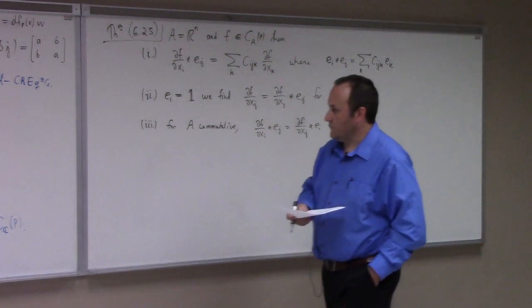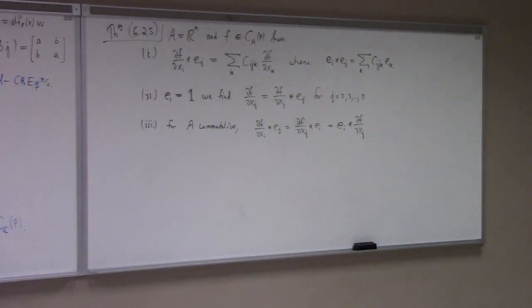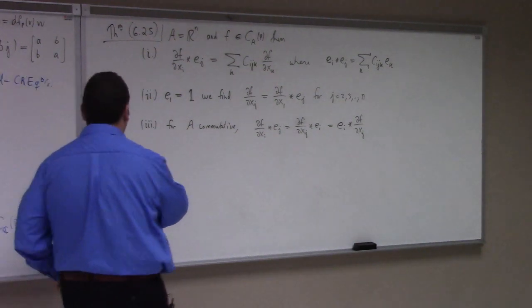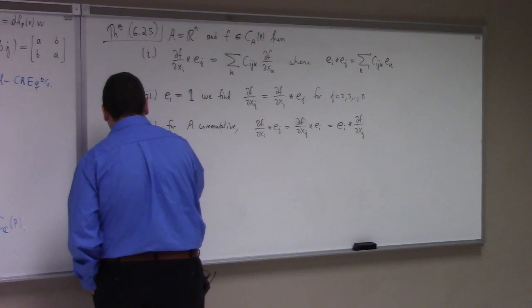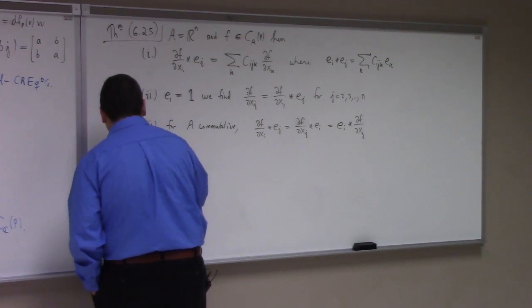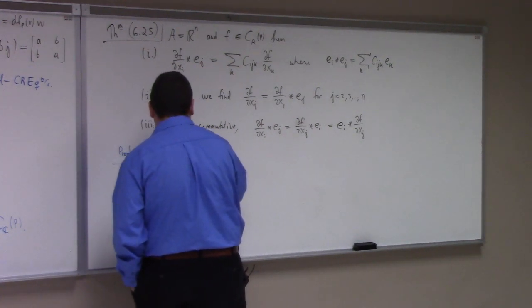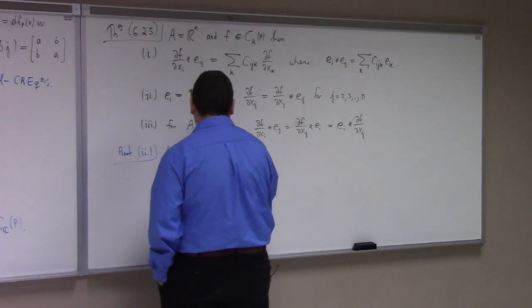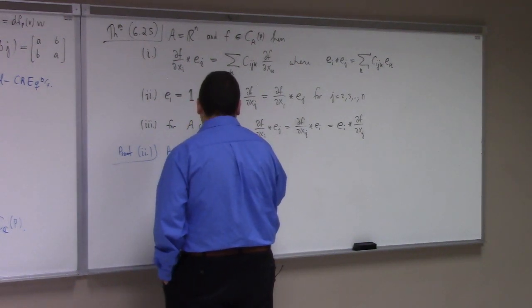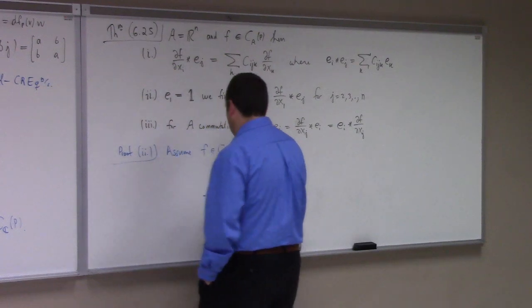I'm going to just prove, maybe I'll just prove 2 for you guys here. So what I want to show you is that 2 follows from the right linearity. Let's see how, okay? So let's assume that f is differentiable near P, right?